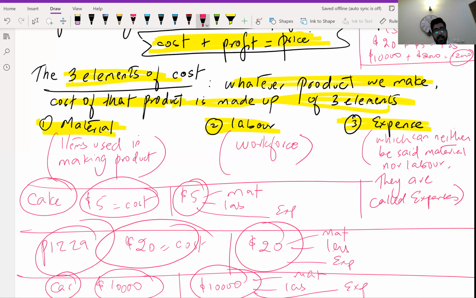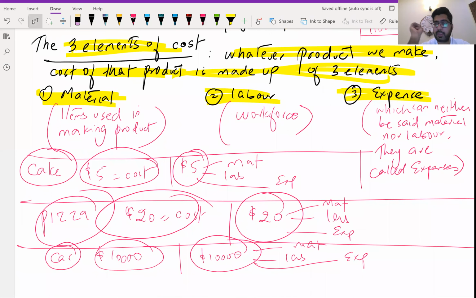So remember, whenever you make a product, it's not made for free. There's always some expenditure incurred in making a product, and that is called cost. Okay, and you can also see, let's suppose you went to a burger shop. The burger shop owner makes burgers. The burgers aren't made for free. He incurs some expenditure, that's cost.